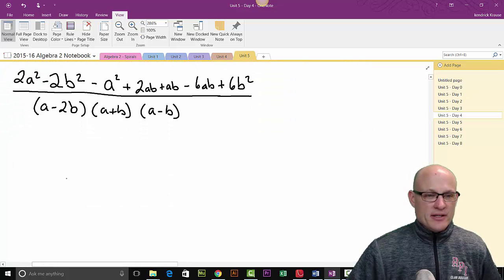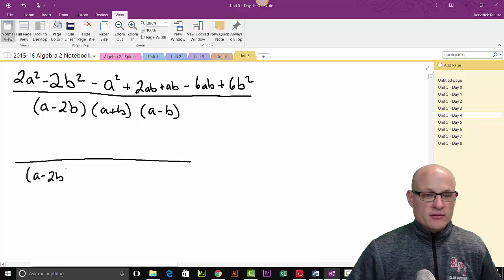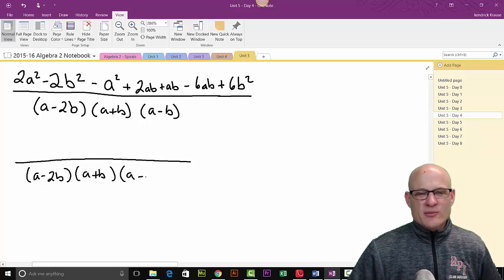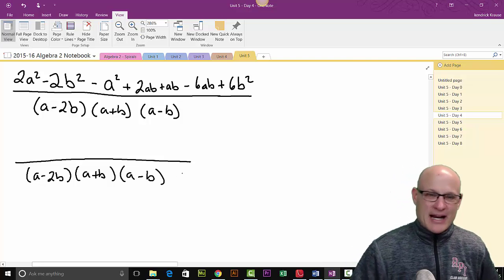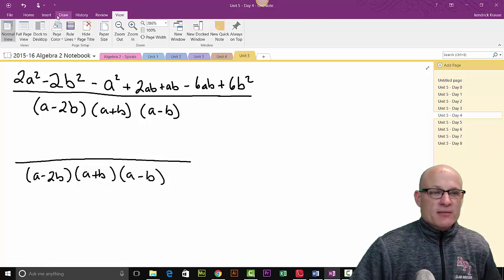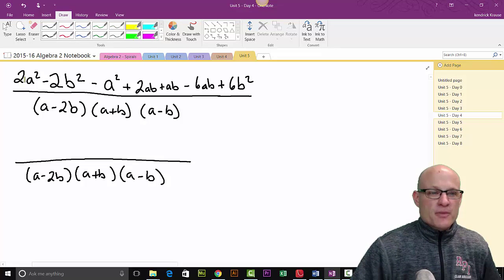So my common denominator is, don't multiply anything out, leave it, a minus 2b, a plus b. I know this seems like a lot of work. It's just mundane stuff. You're just multiplying by common denominators. You got to be careful of your signs. So let's see. This is going to combine with this, and that will give me a squared.